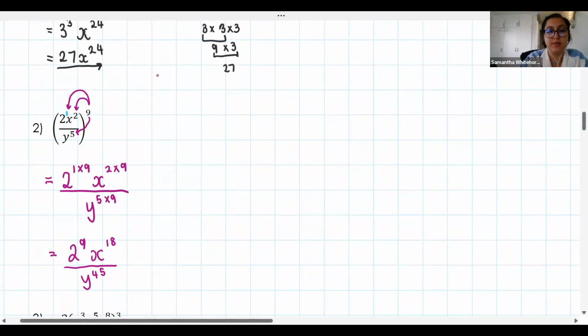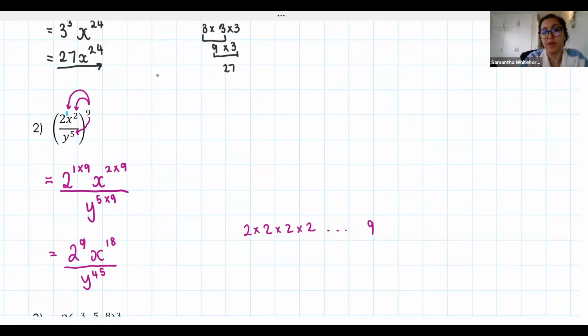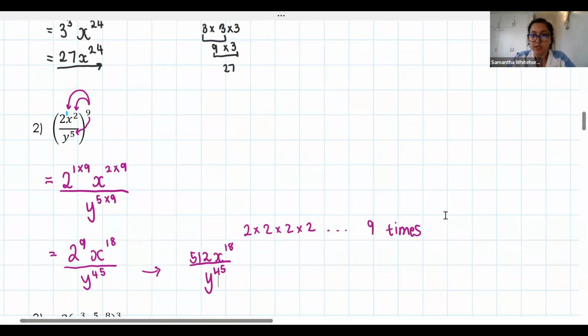Now remember, 2 to the power 9 is 2 times 2 times 2, all the way 9 times. So that actually means we have 512 x to the power 18 all over y to the power 45. So you need to multiply your exponents using your distributive law, and you can simplify your numbers, so the 2 to the power 9 if you want.